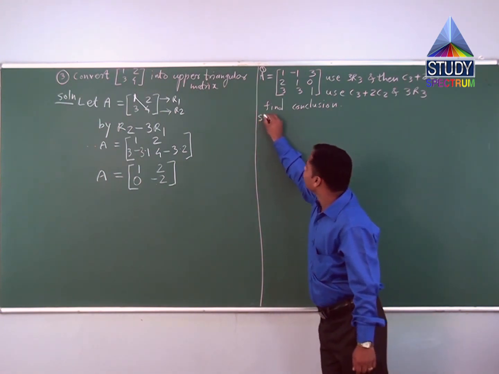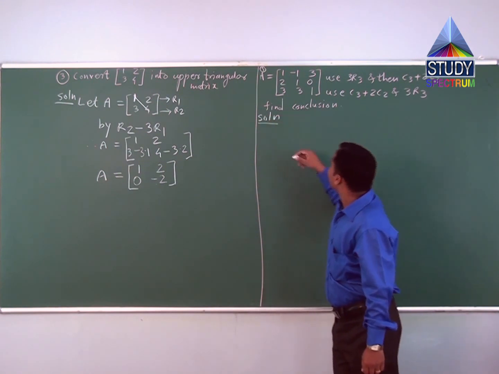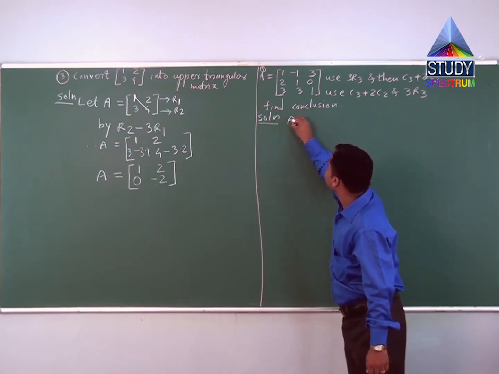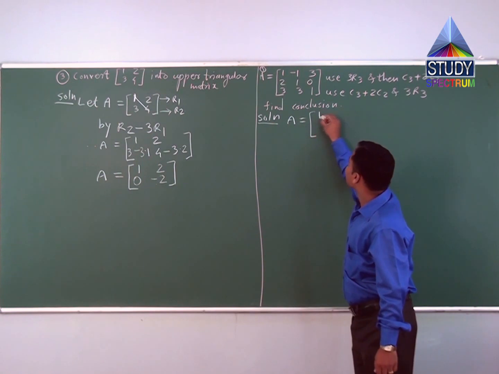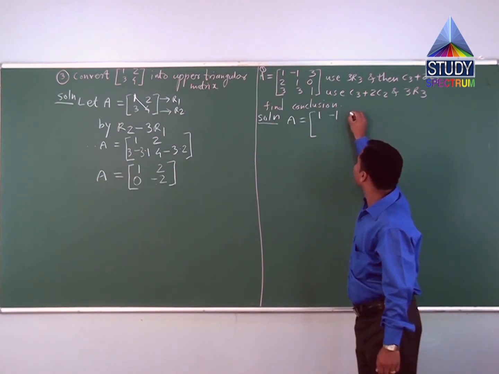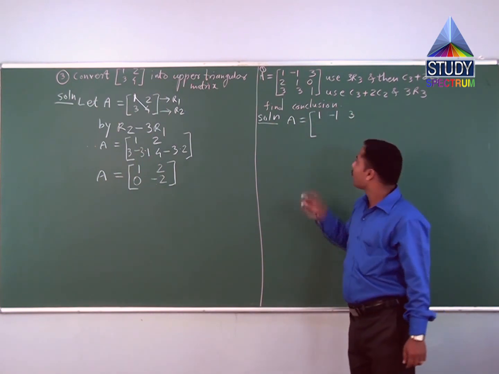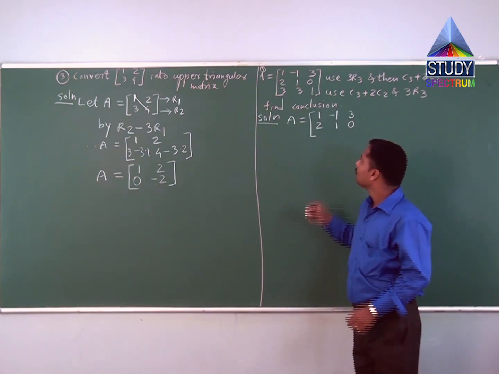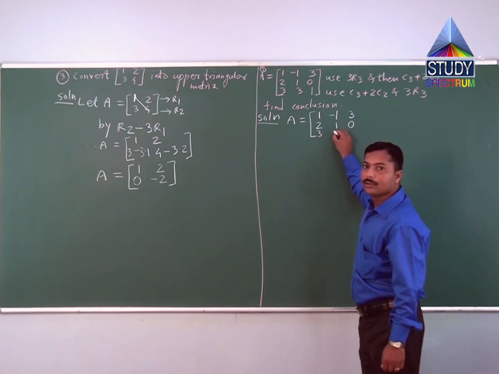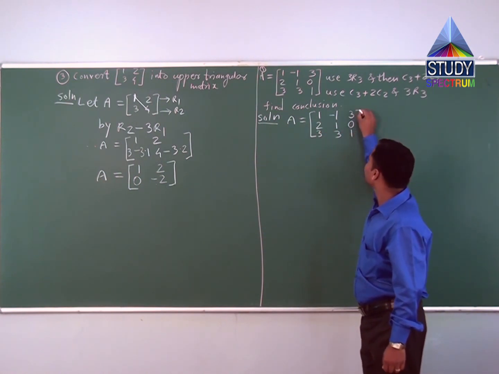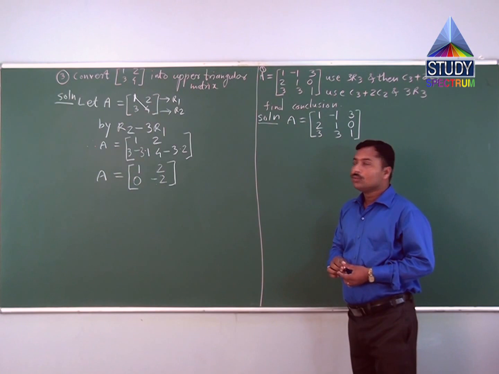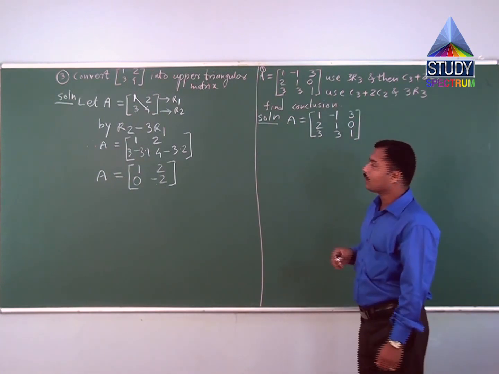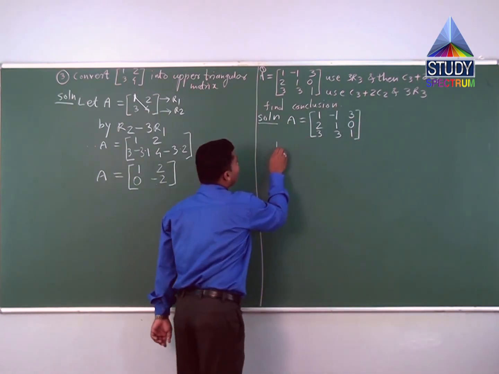So the solution is: A as it is, first row 1 minus 1 3, second row 2 1 0, third row 3 3 1. So use 3R3.